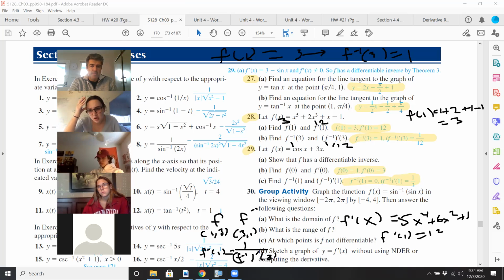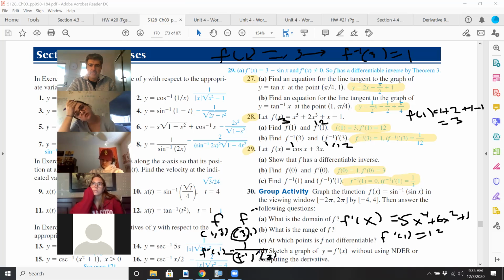Because 3 now becomes the input for the inverse because I swapped it from 1, 3 from the original. Remember, 1, 3 is on the original, 3, 1 is on the inverse. F prime of 1 is going to equal the reciprocal of the derivative of the inverse evaluated at whatever x value I see there, which was 3.